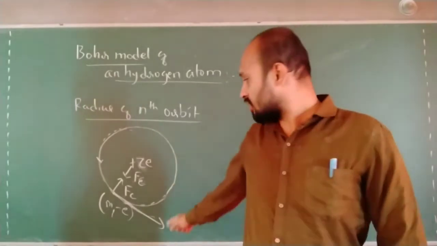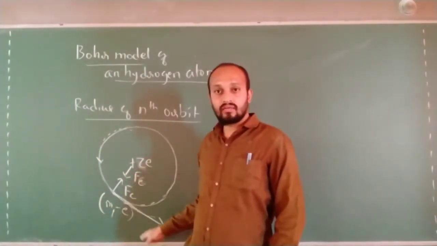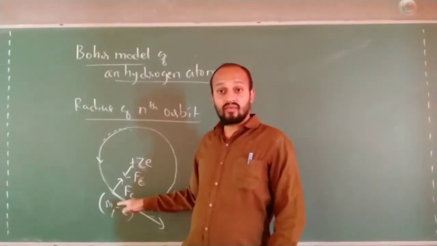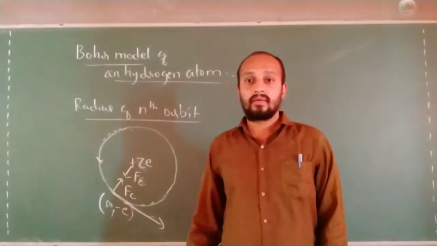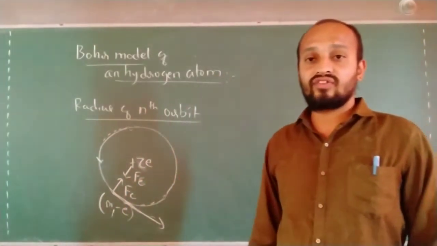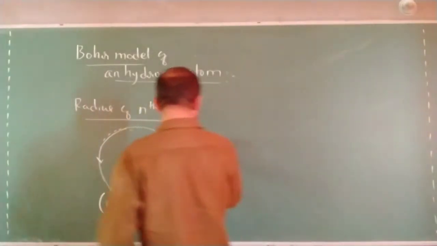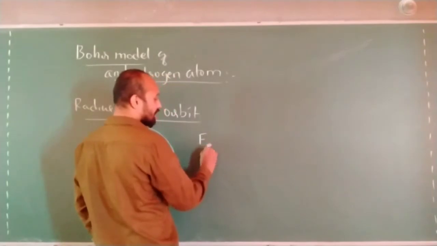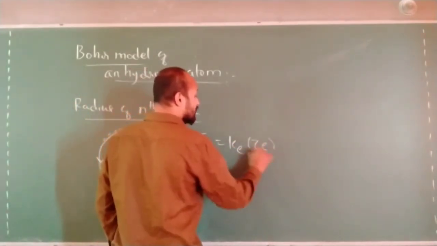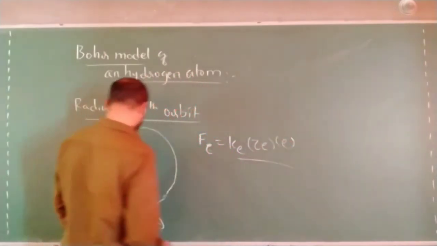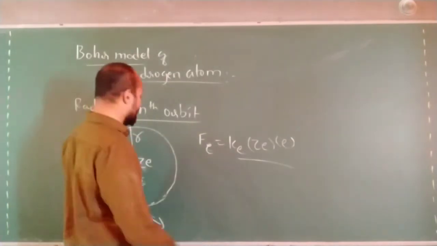Because of the electron's velocity, perpendicular to the nucleus, it is making a circular path. Because of the electrostatic force, there is a centripetal force acting on the electron. So Fe can be written as Ke times Ze times e divided by r squared, where r is the radius of this circular path.